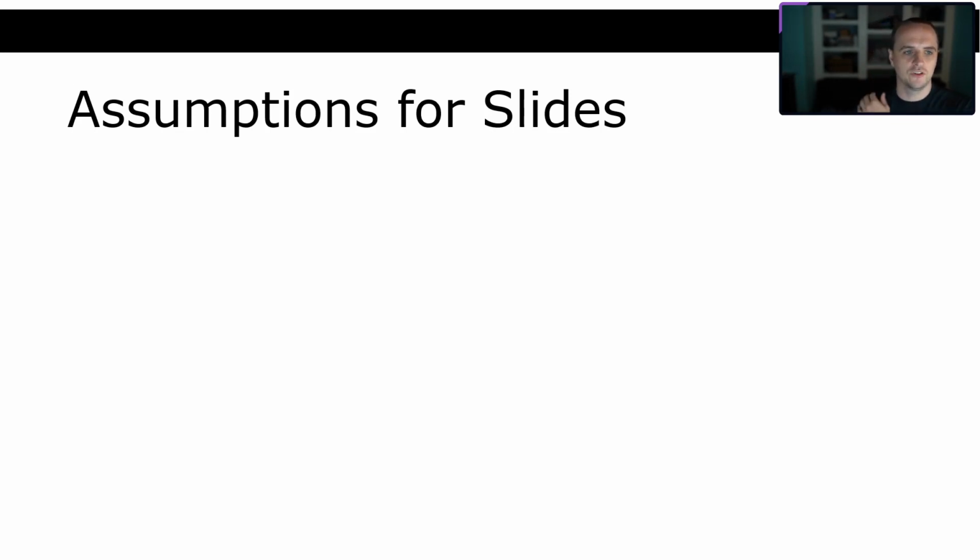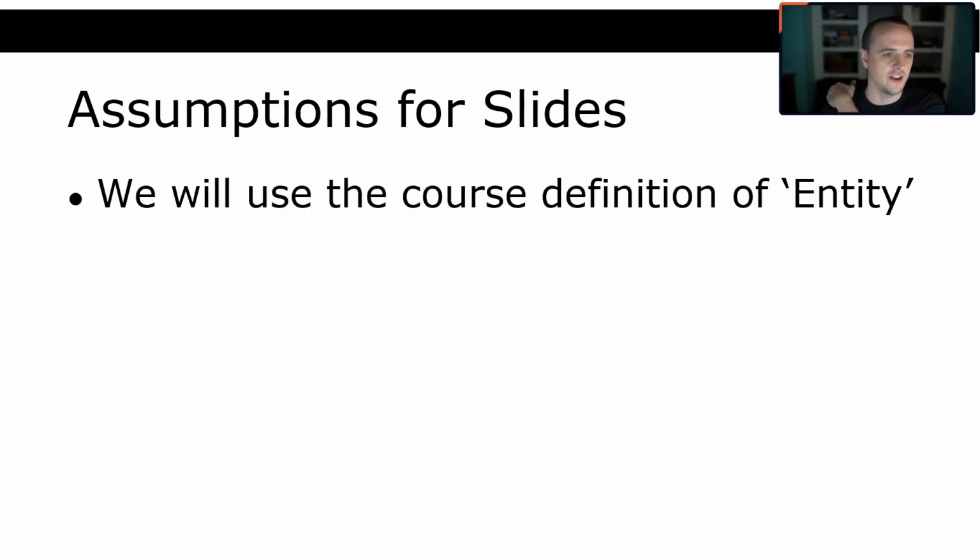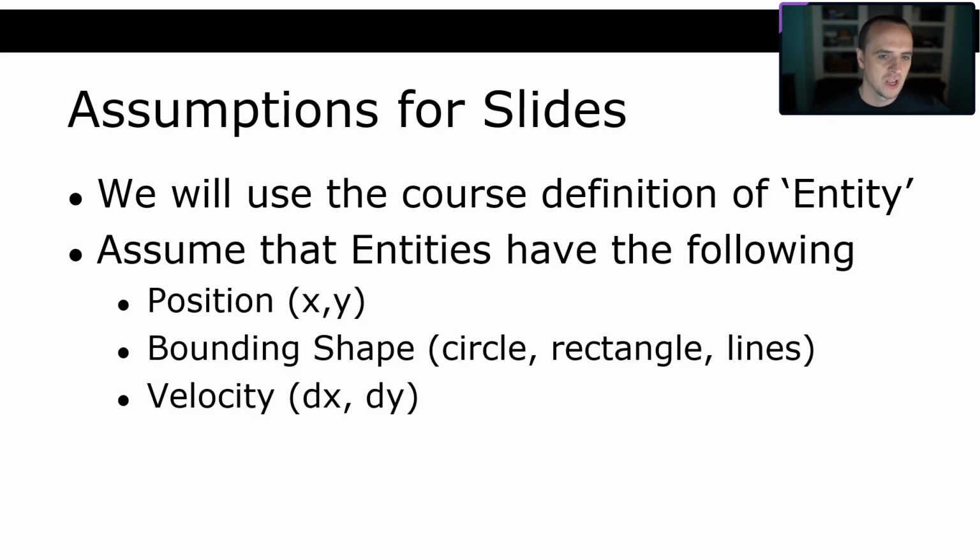We're going to use some assumptions for these slides so that they fit in with the design and architecture of our course and our game engine so far. We're going to use the course definition of entity, and if you haven't seen that so far, go back and watch the other lectures. We're going to assume that the entities have the following components. They're going to have a position component, so they have an X and a Y position.